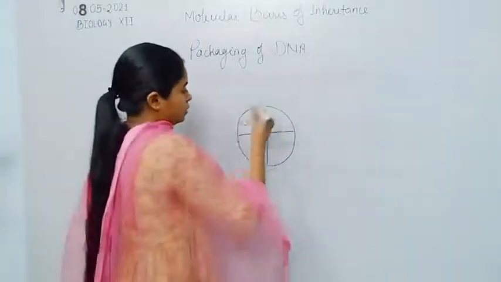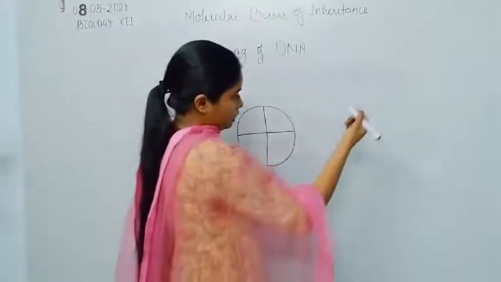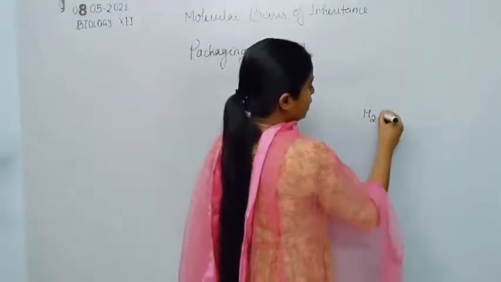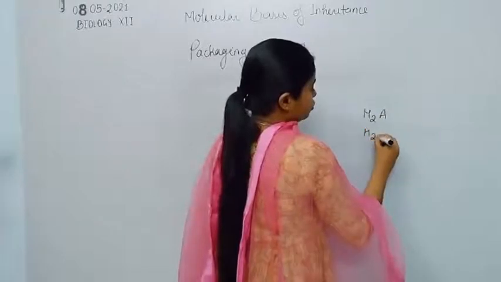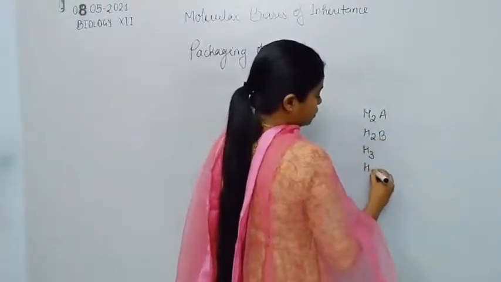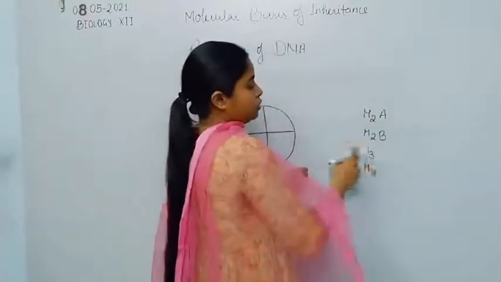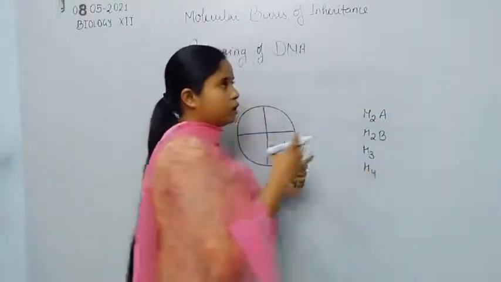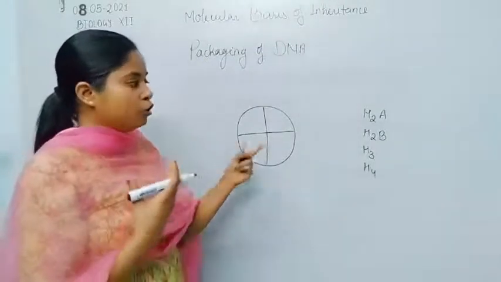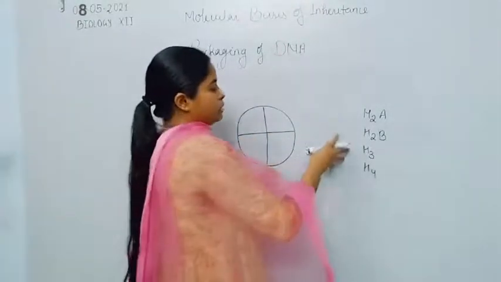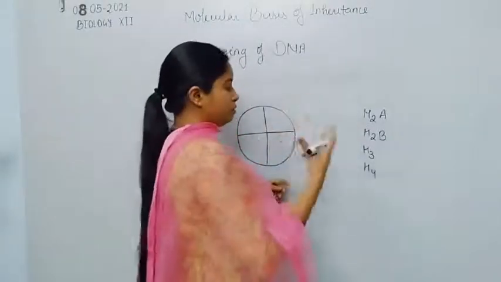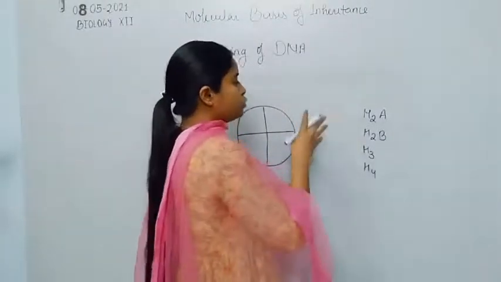Here is the histone protein, formed mainly by the H2A subunit, H2B subunit, H3 subunit, and H4 subunit. These four subunits become compact to form the octamer protein, where they are situated in two main groups.